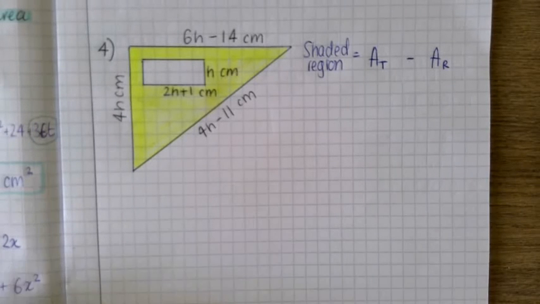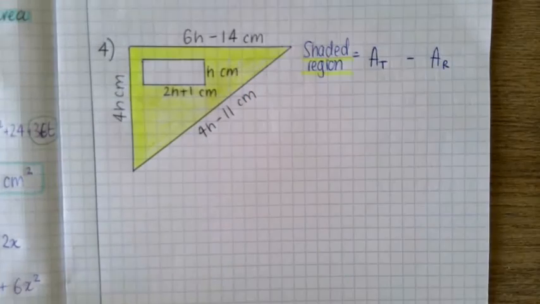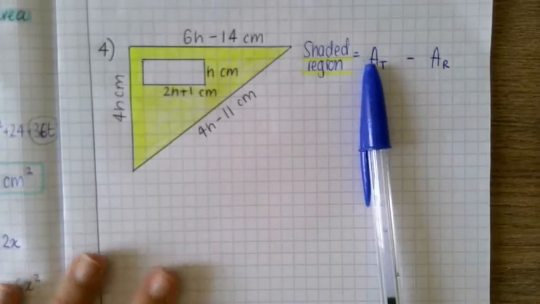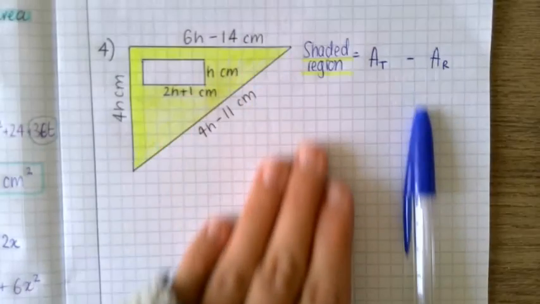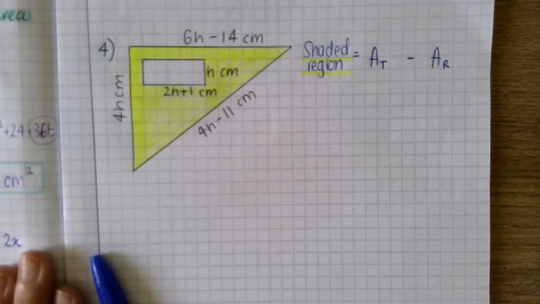So to find the area of this shaded region, I need to do the area of the large triangle, and then I need to take away the area of that rectangle. So what I'm going to do is somewhere else, away from my main working out, find the area of the triangle and the area of the rectangle.